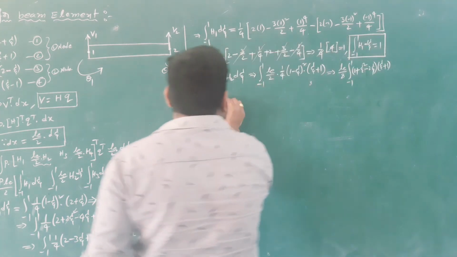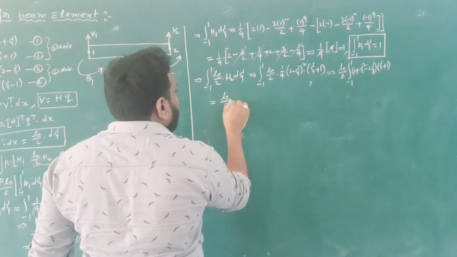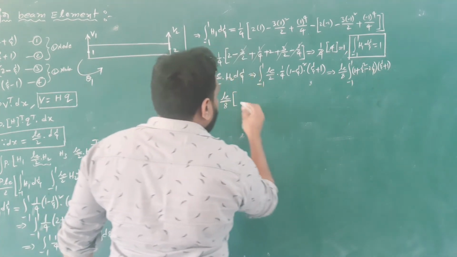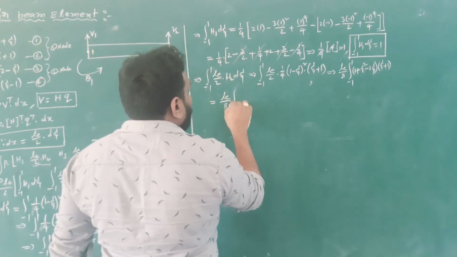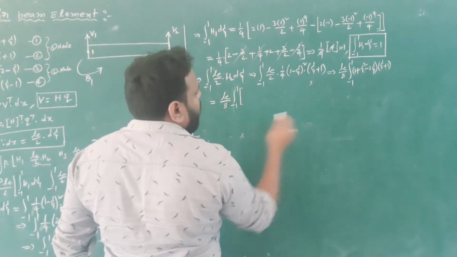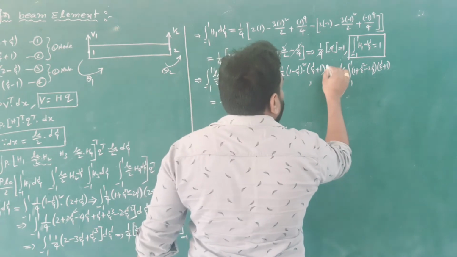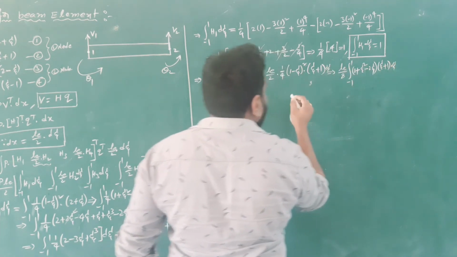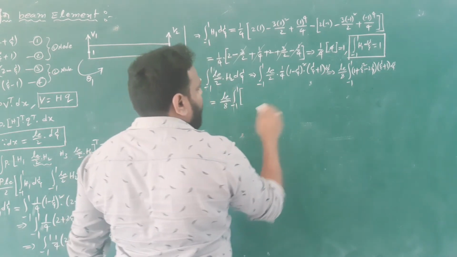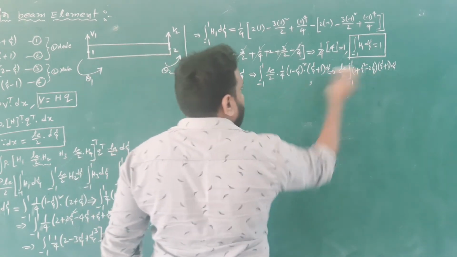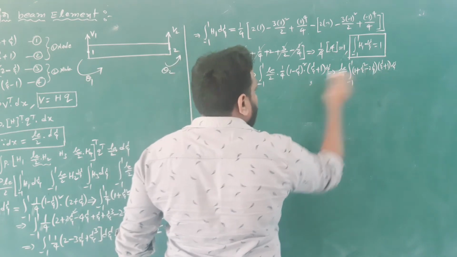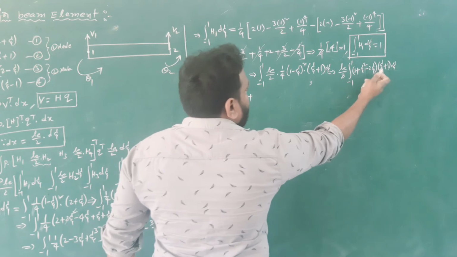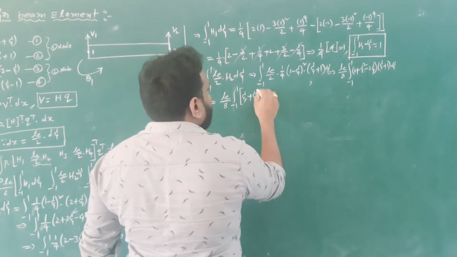So write LE by 8 into integral of minus 1 to 1 dj. Multiply the entire equation with j: 1 into j plus j into j square, j cube.